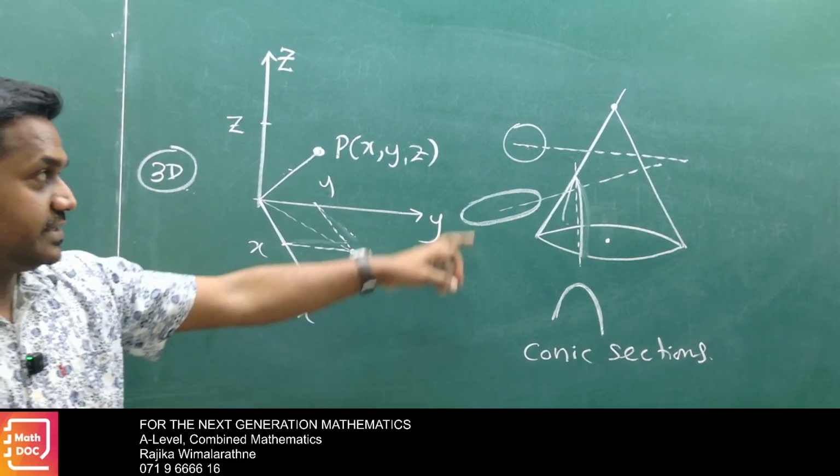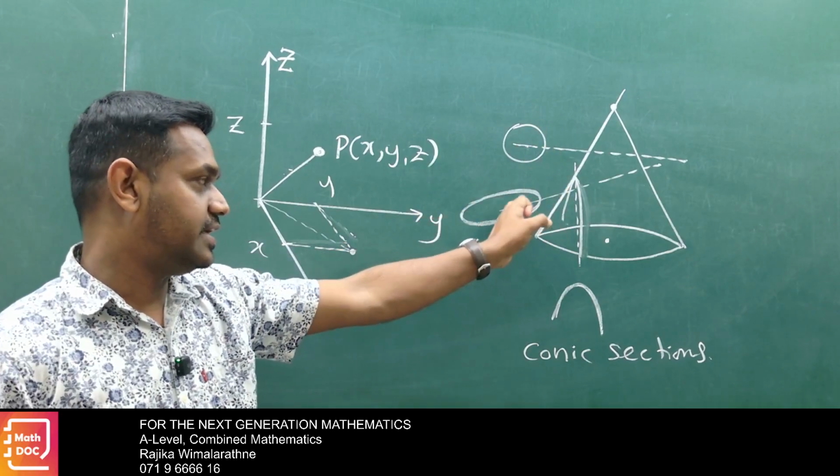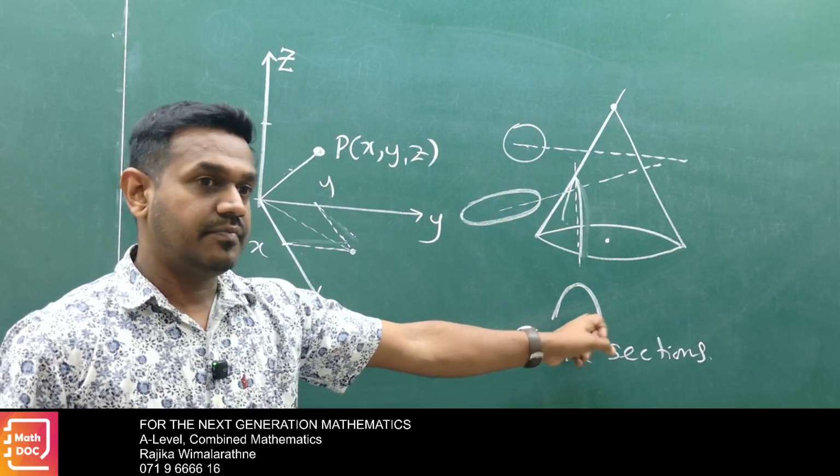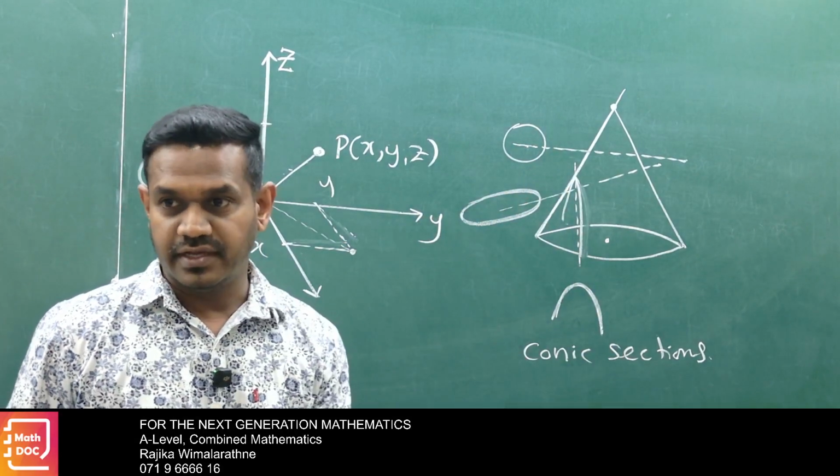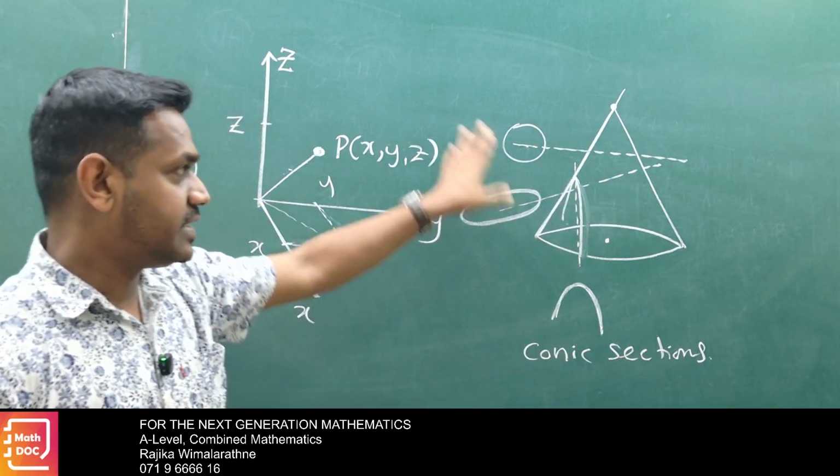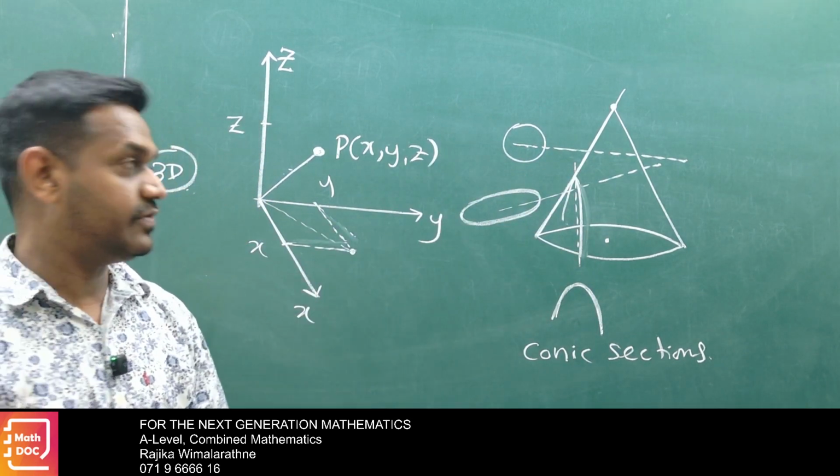We have different sections: circle, straight line, ellipse, parabola, and there's another one, hyperbola. But don't worry about everything, just sketch a few of them.